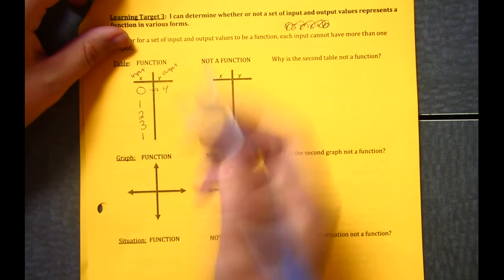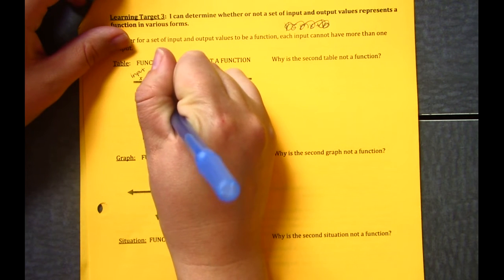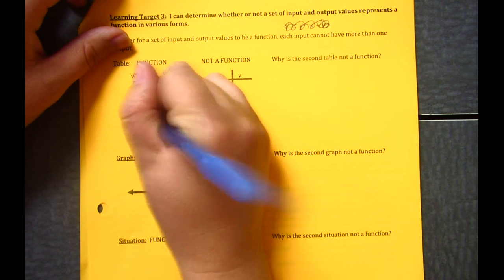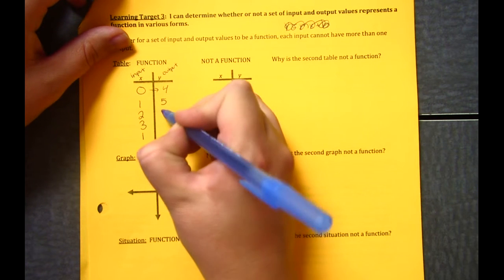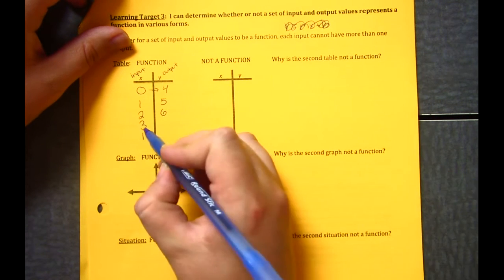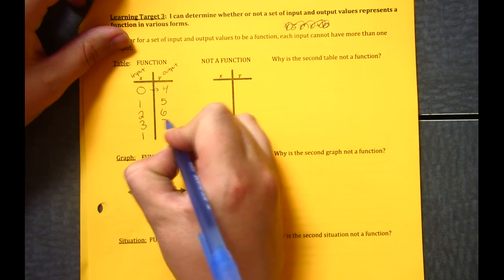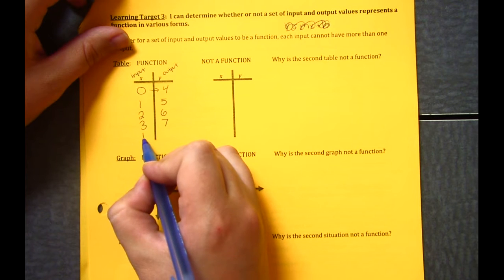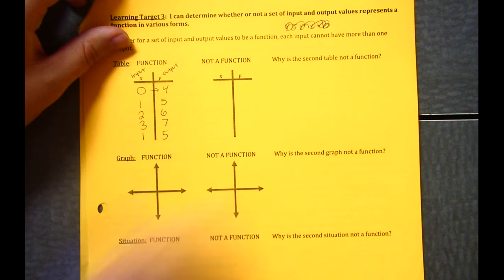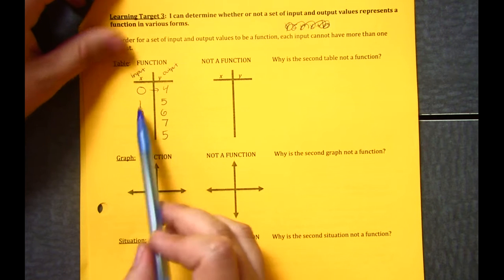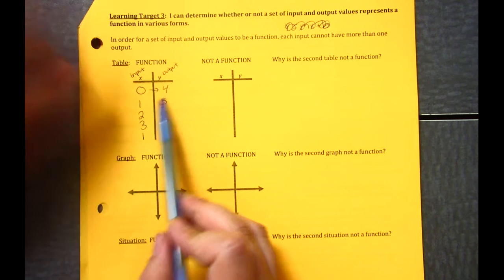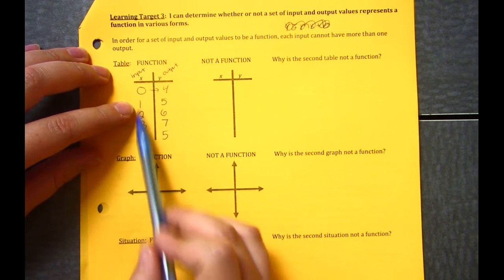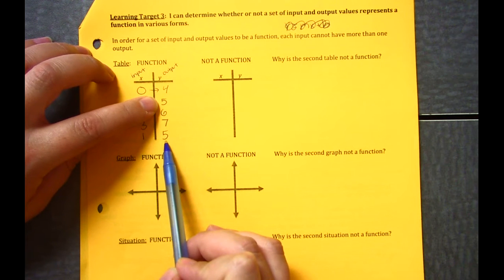If I put 1 in, then it's 5. If I put 2 in, then let's say it's 6. If I put 3 in, then 7 comes out as the output. And if I put 1 in, then 5 is what comes out again. So because each input leads to just one output, this input of 1 leaves the same number both times.